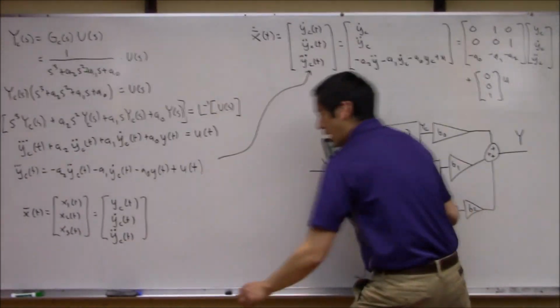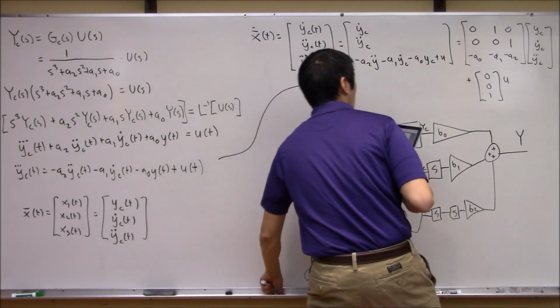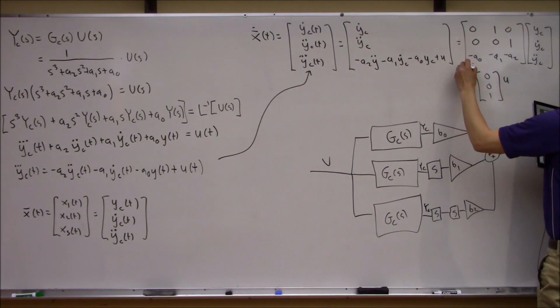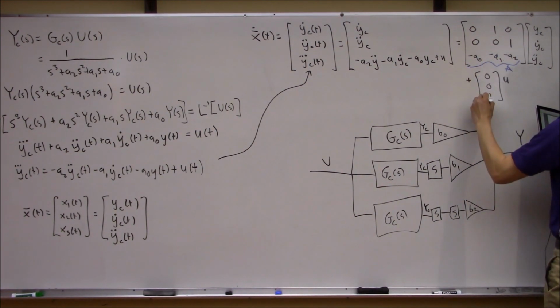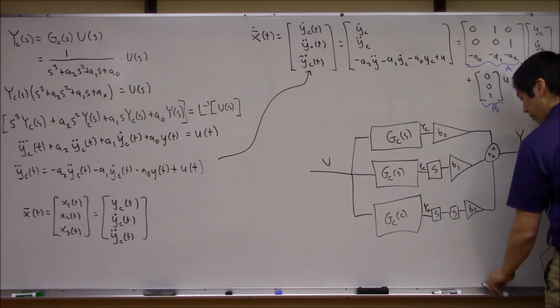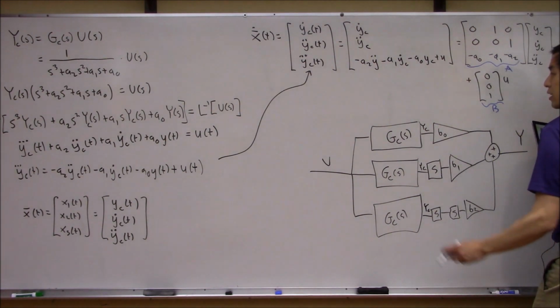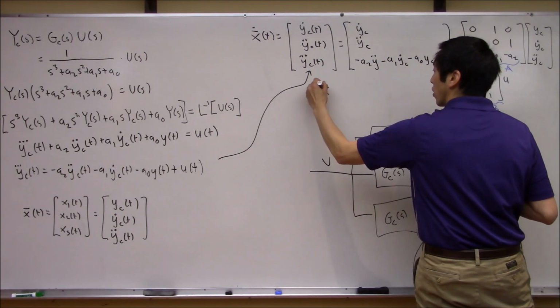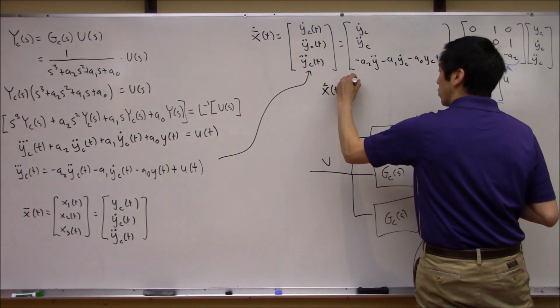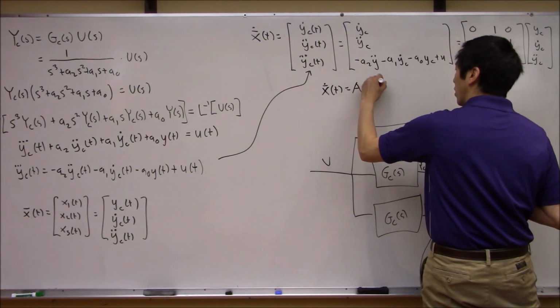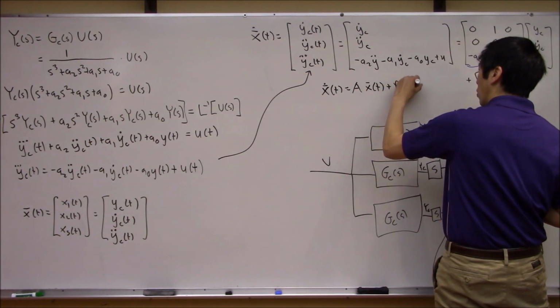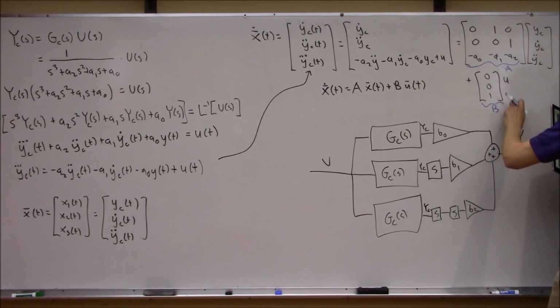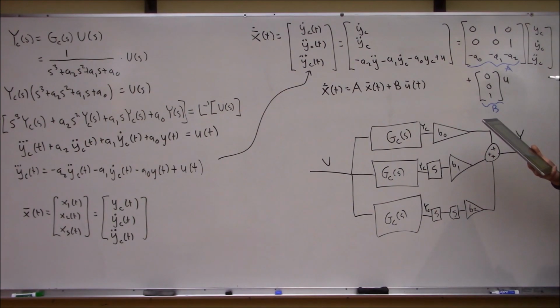If that's the case, let's call this matrix here your A matrix, and call this matrix here your B matrix, and we basically have a state space representation of how to get yc. So we end up with x dot is equal to Ax plus Bu, right? And here's your A and here's your B matrix.